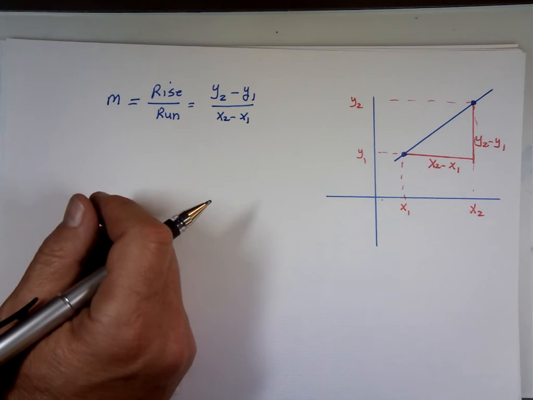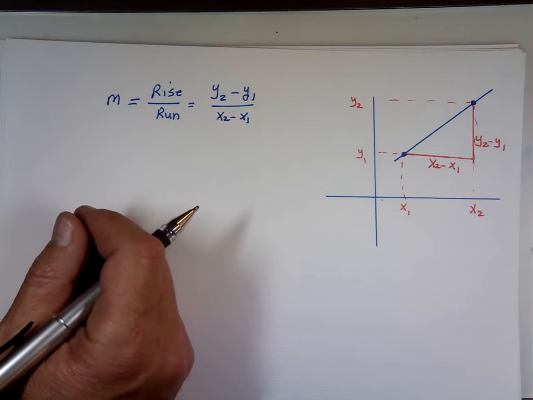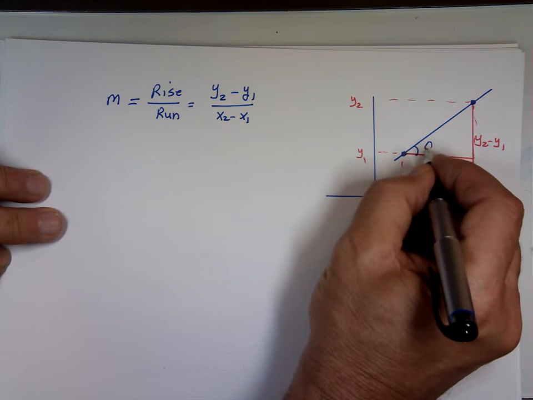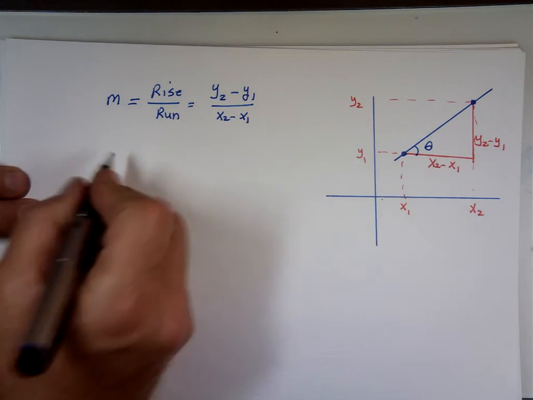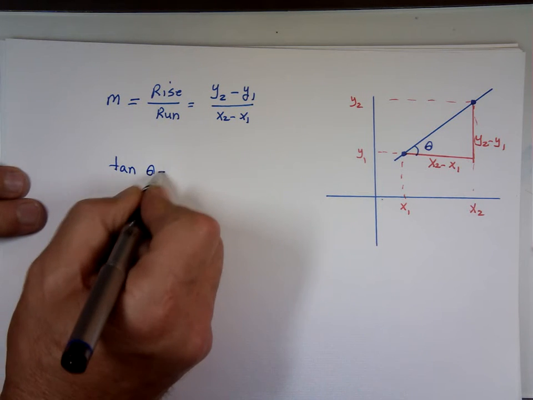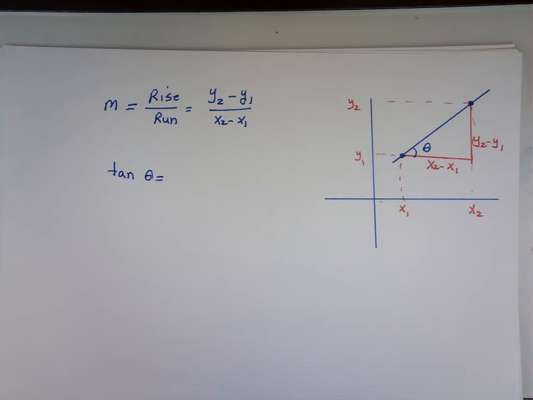Now I want you to put your thinking cap on. Go back to trig. If I call this angle theta, what is tangent theta? Sine over cosine is true, but in terms of sides, Sebastian, what two sides? Opposite over adjacent. What's your opposite here?